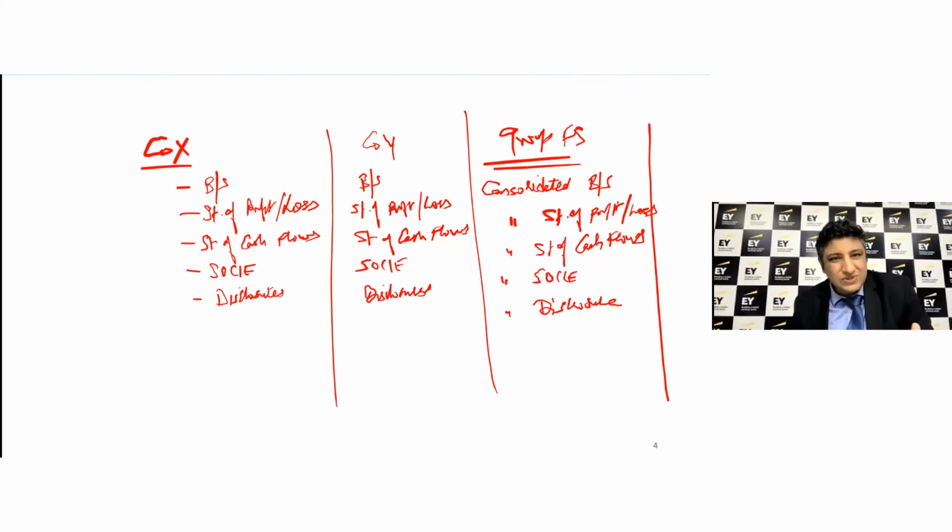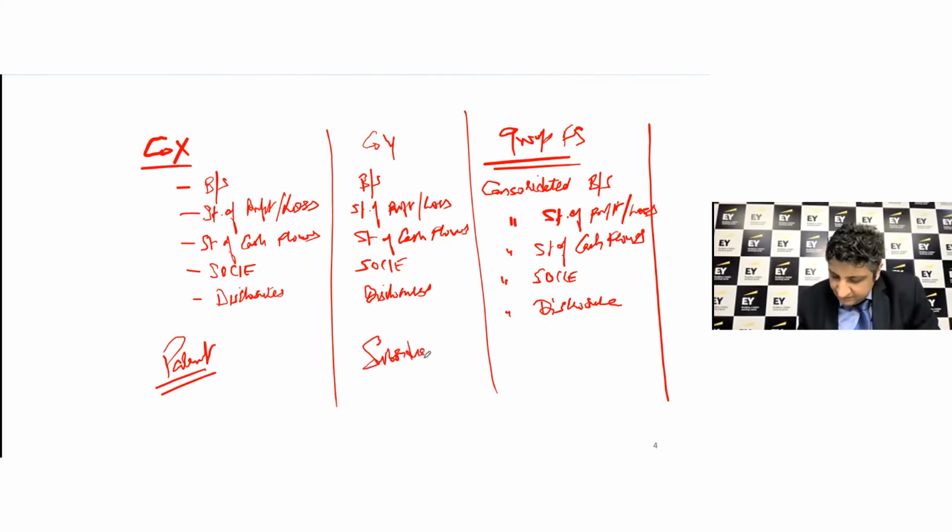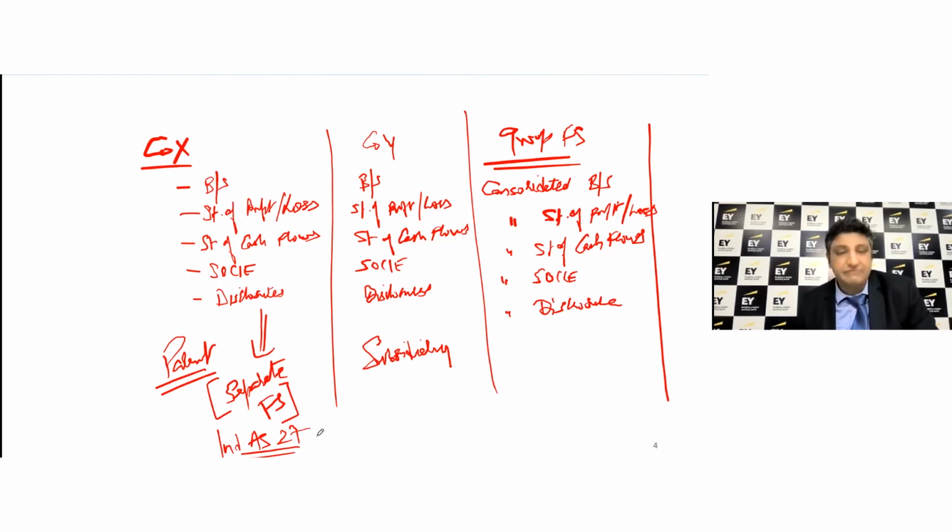So what we want to say here is that if this were the parent company and this were the subsidiary company, so company X, when it prepares its own set of financial statements, that is referred to as separate financial statements. Something which is covered under Ind AS 27.